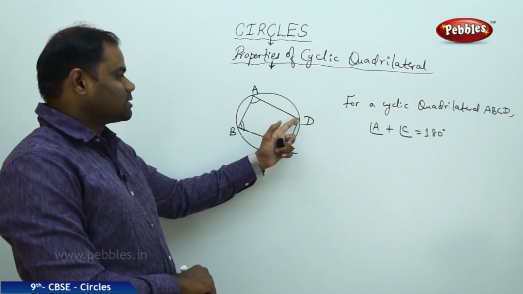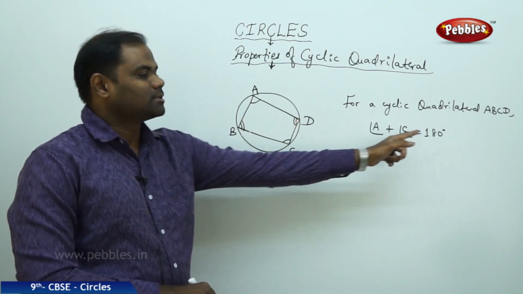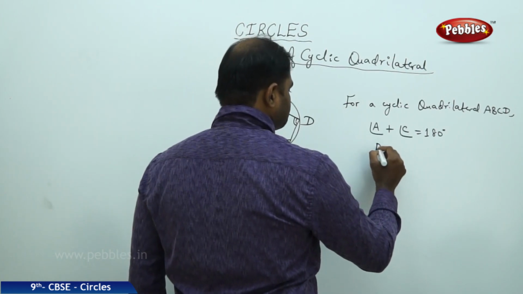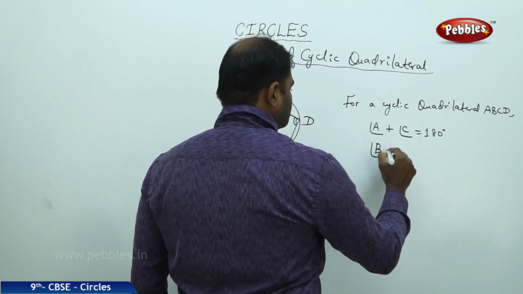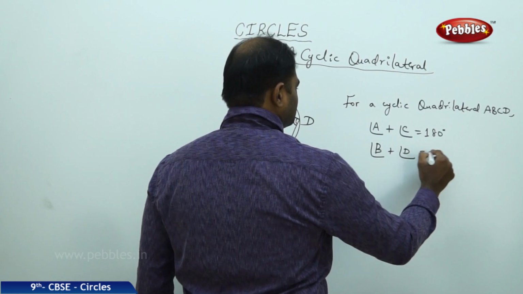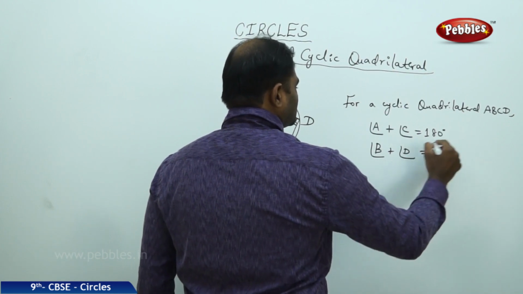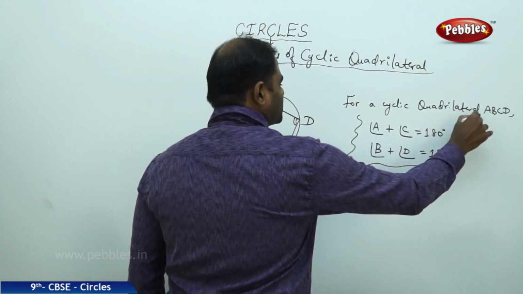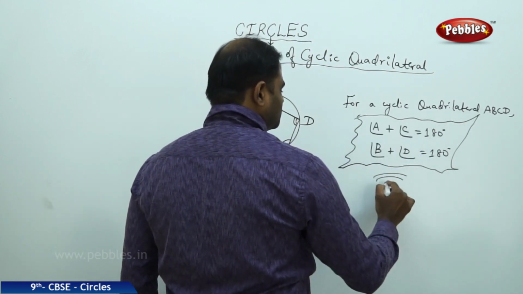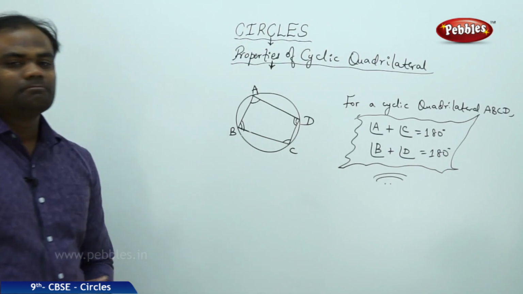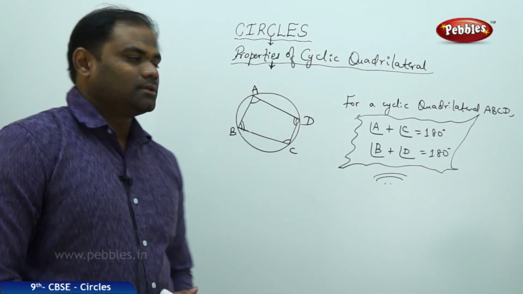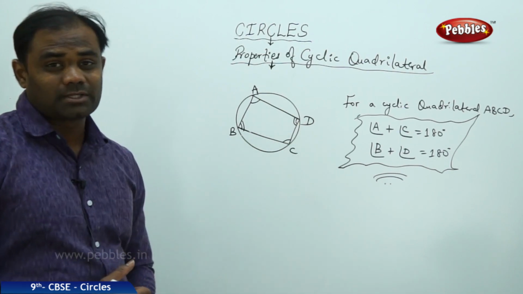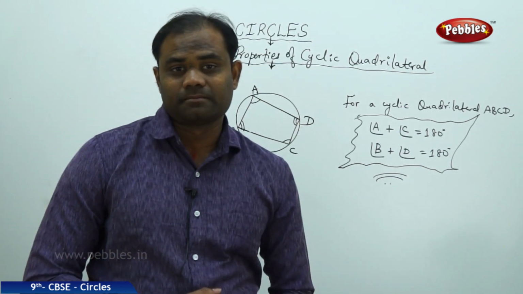So this plus this is 180 and this plus this is 180. This is how we understand the property. For a cyclic quadrilateral, the sum of these two and the sum of these two will always be 180 degrees.